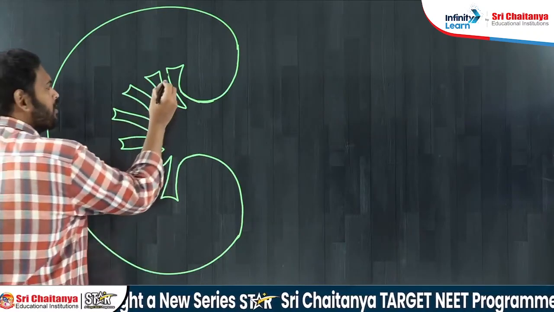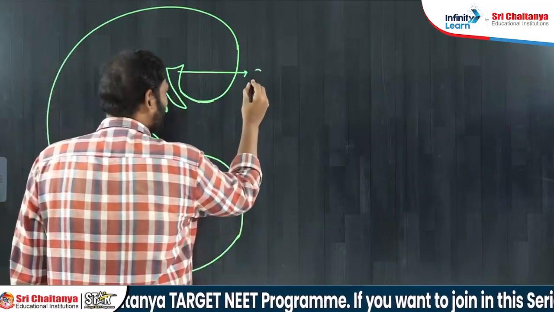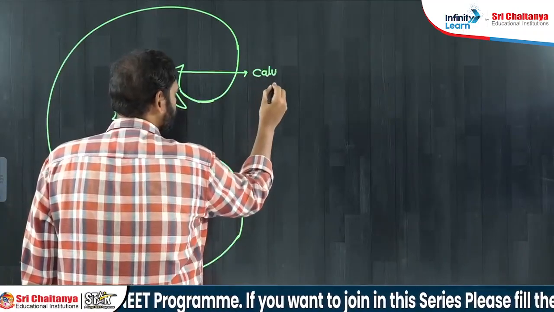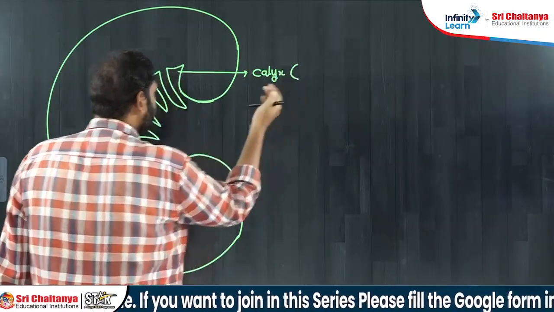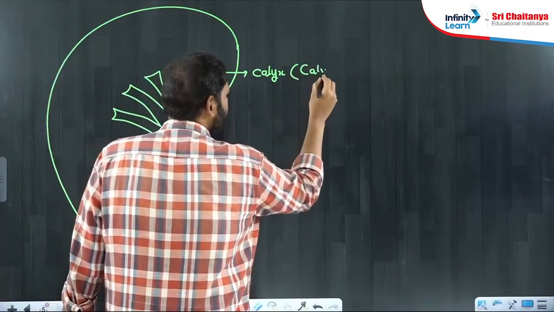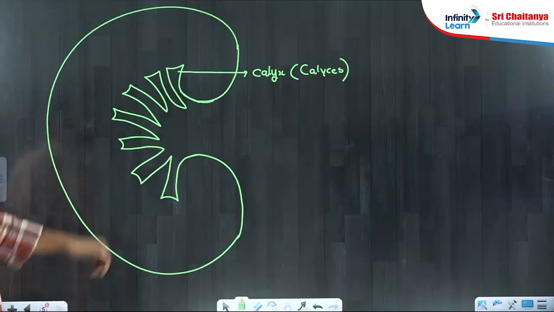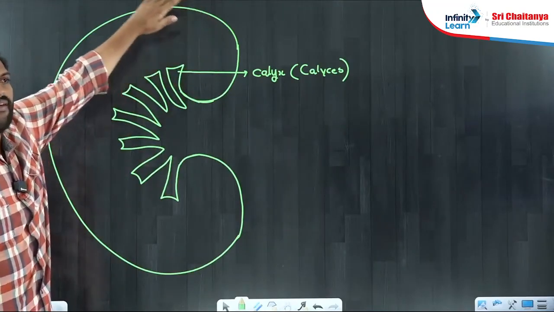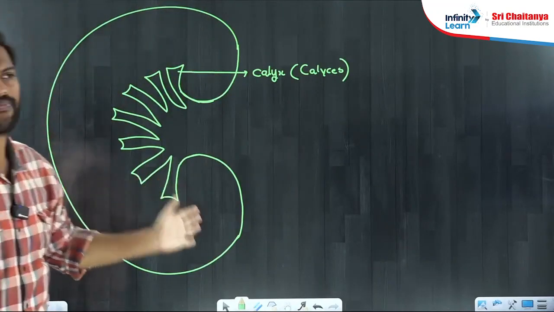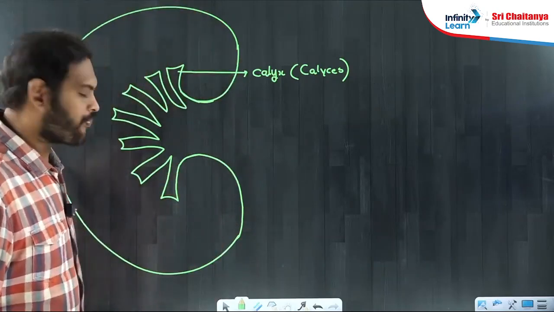Each part is called a calyx. And as there are many calyx, the plural for calyx is calyces. Okay. So the exterior of a kidney is like a tough capsule.